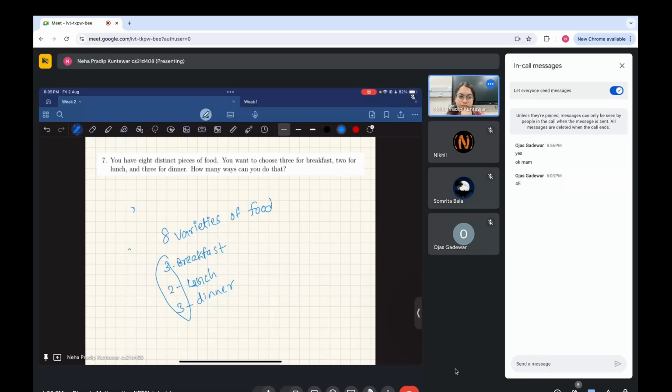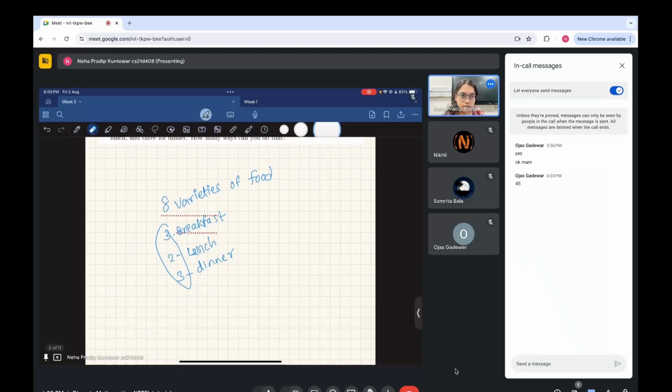Okay, so let's look at the answer. What I'll do is first describe one method of doing it, and then we'll come back to the stars and bars approach.